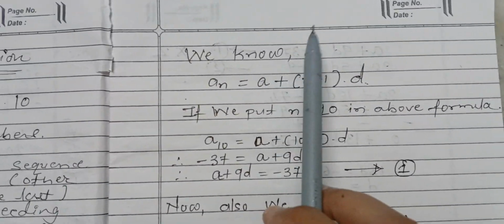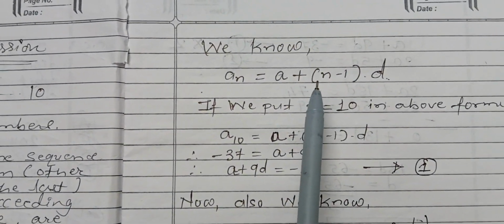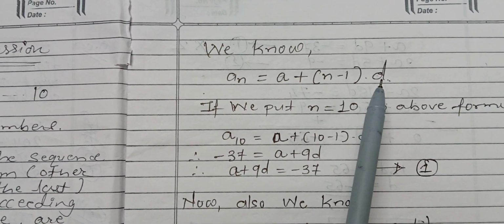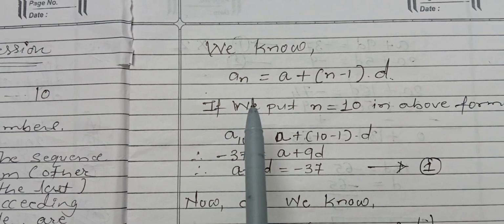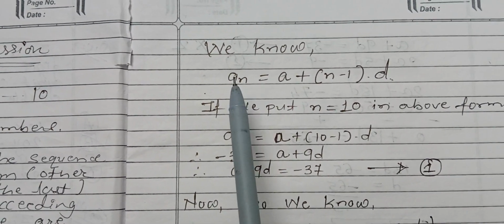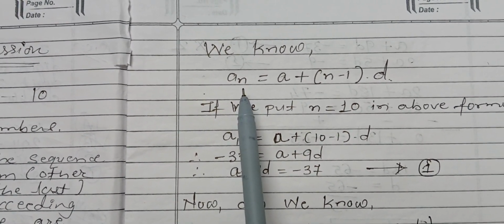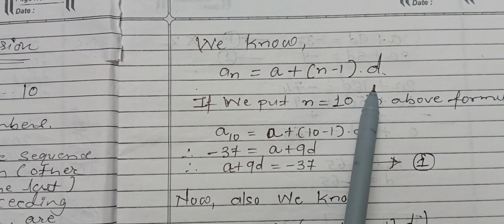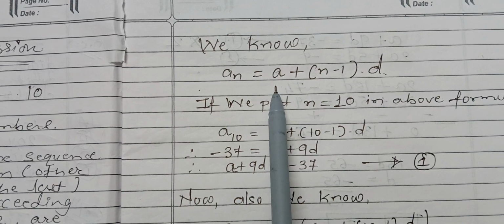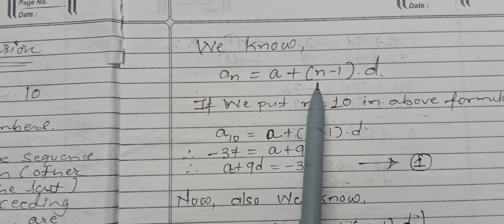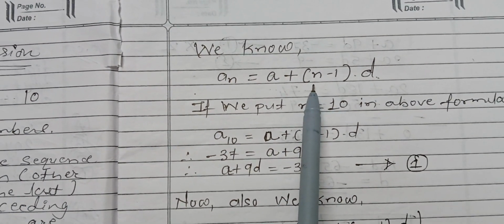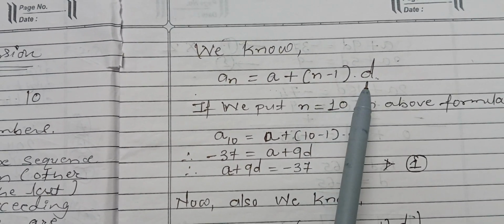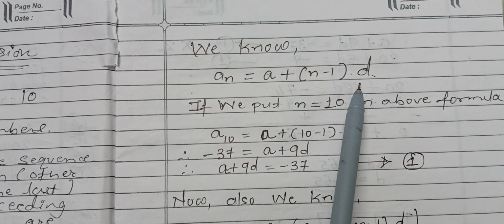This is the formula which we already know from the chapter on arithmetic progressions. Whenever we want to identify any term, this is a fixed formula: An is equal to A plus n minus 1 into D, where A is your first term, n is the term number, that is the nth term, and D is your common difference.